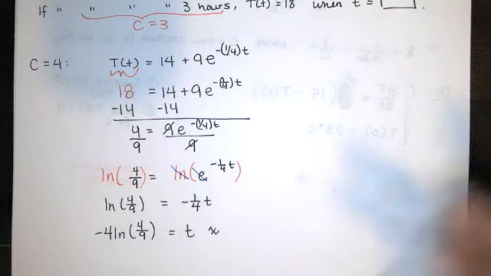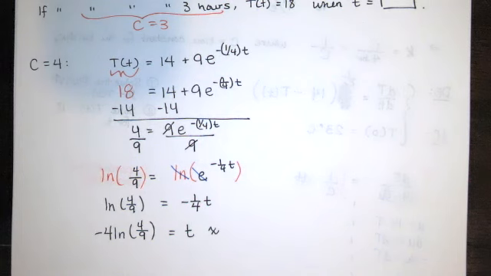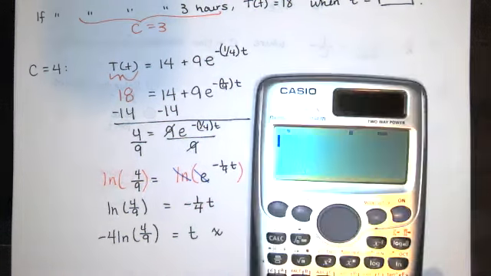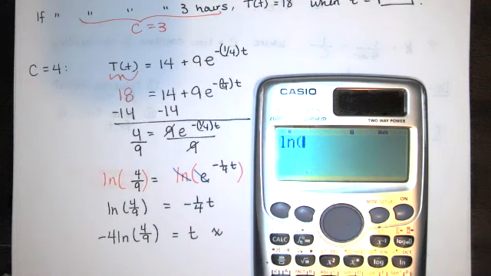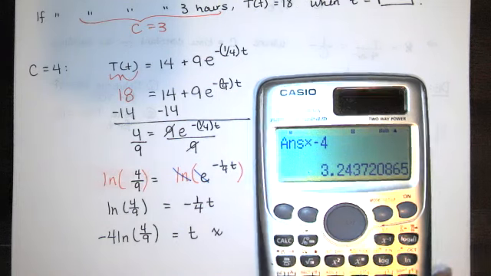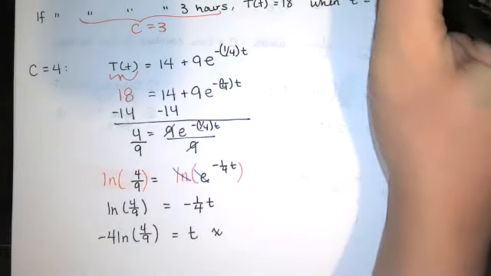That's our exact answer, but let's see what that is equal to approximately. Natural log of 4 over 9 should be a negative number. We multiply that by -4, and we get 3.24. And we were asked to round to the tenth place, so that's 3.2 hours.